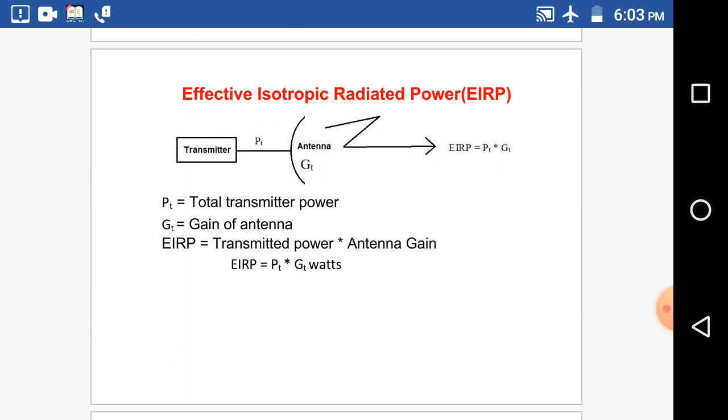So the last equation is nothing but the EIRP equation. So I think you are familiar with the two parameters which we want in a link equation, that is flux density, also known as a power density, and second is EIRP.